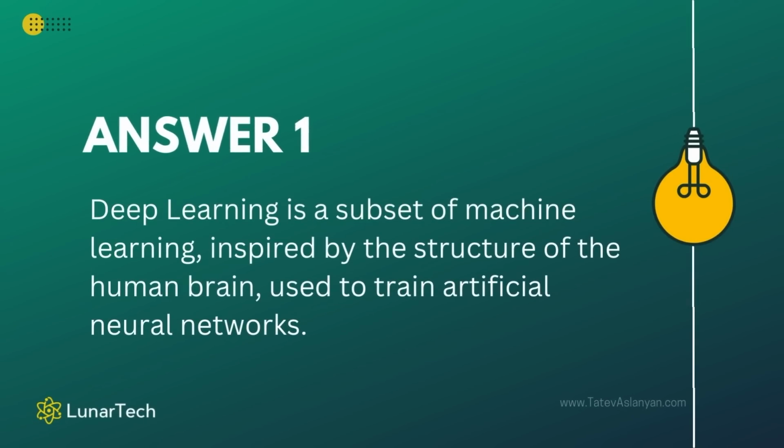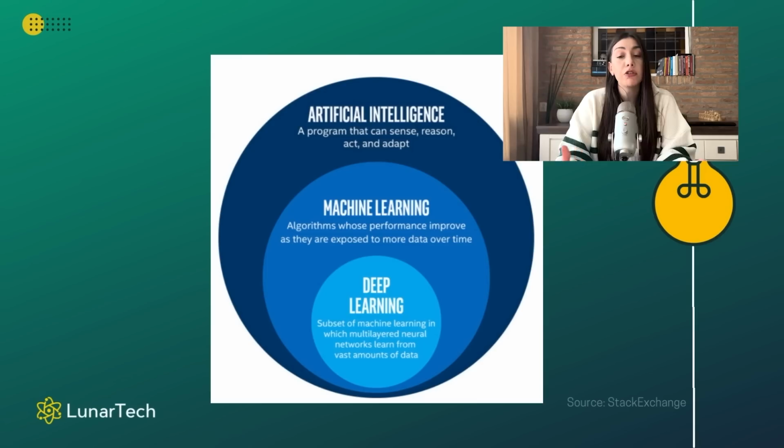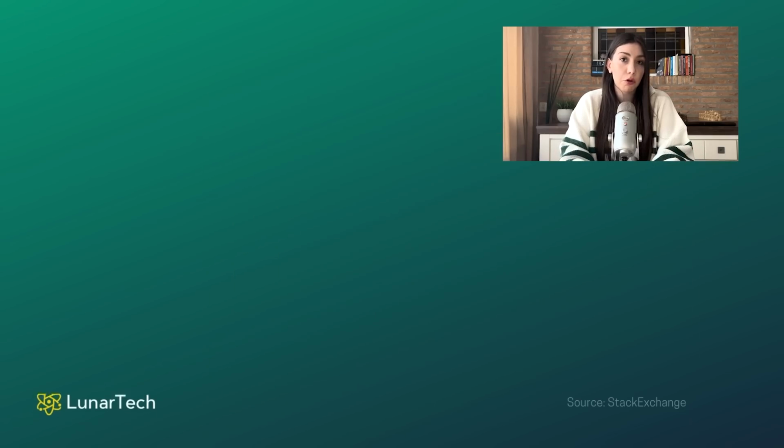So deep learning is a subset of machine learning, which is then a subset of AI, a branch of artificial intelligence, which involves training artificial neural networks on large amounts of data in order to identify and learn those hidden patterns, nonlinear relationships in the data, which is something that the traditional machine learning models like linear regression or logistic regression or random forest and XGBoost are not doing as well as the deep learning models.